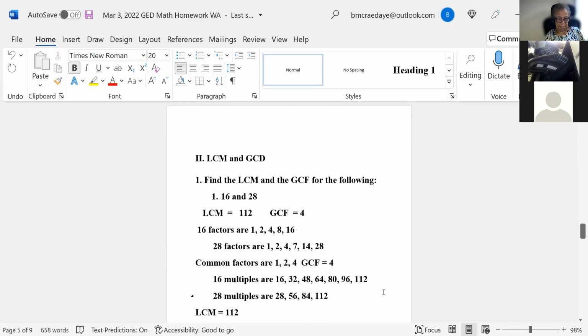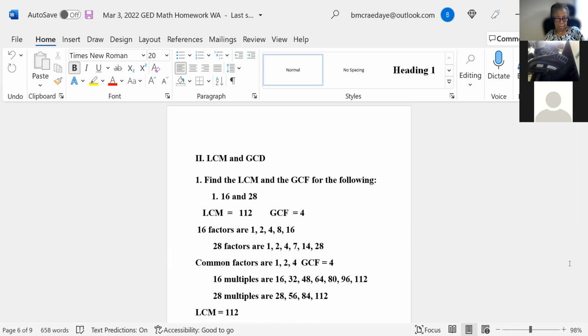Now, that's for the 16. For 28, 28 times 1 is 28. 28 times 2, or just add 28 and 28, 56. 56 and 28, 84. 84 and 28 is 112. So you see the multiples that match are 112. So the least common multiple is 112. Got it, Maureen? Okay.